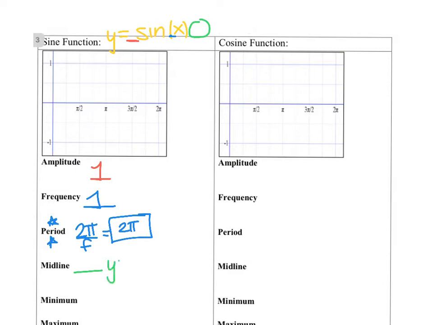It's basically, in this case, y equals 0, because there really isn't one. And then the min and max is going to be your midline. So let's make a little note: midline minus the amplitude, and the midline plus the amplitude. So in this case, my midline is 0. 0 plus 1 will get me a positive 1, and 0 minus 1 would get me a negative 1.